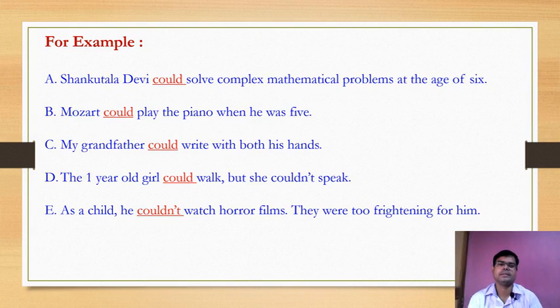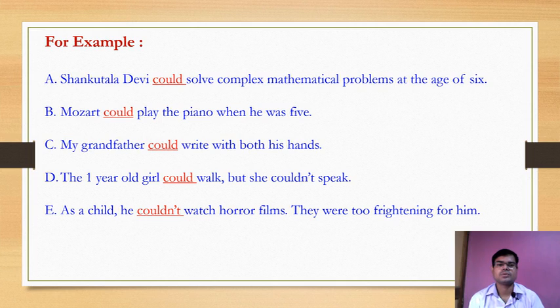So this is how you can use could and couldn't. Let's take some examples. Last time we completed one essay writing example about Shakuntala Devi, a mathematical wizard. She was very talented in terms of various mathematical problems.